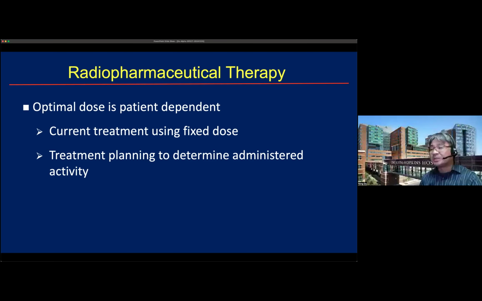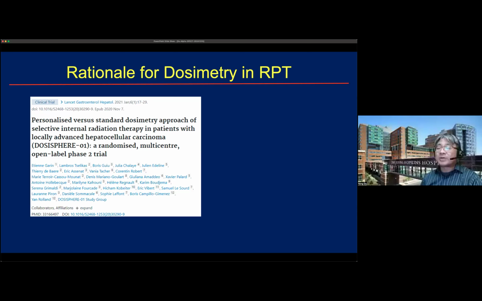The reason for that is a study done in Europe in 2021. They had a large-scale phase 2 clinical trial using yttrium-labeled microspheres to treat liver cancer. However, that clinical trial failed. To find out why, they did retrospective studies comparing patients who received a fixed dose and a personalized dose. They concluded that the trial failed because they did not do personalized radiation dosimetry.